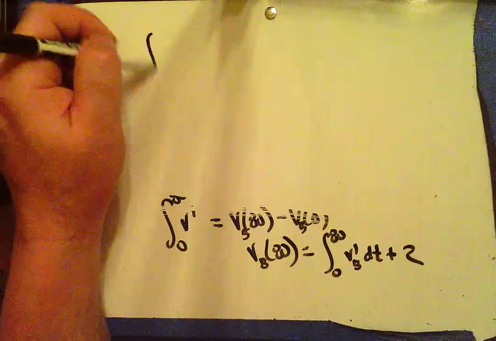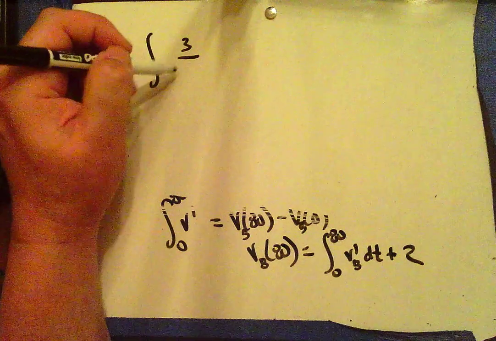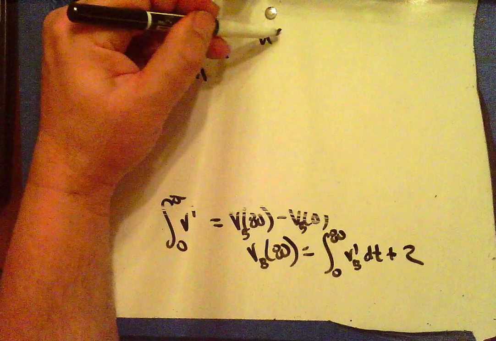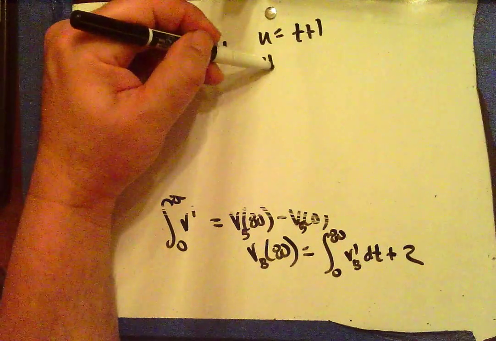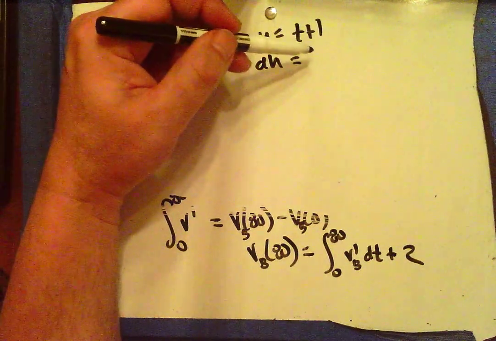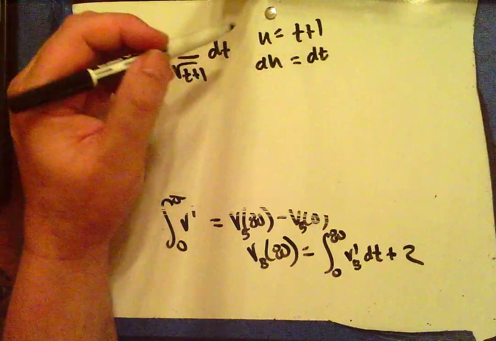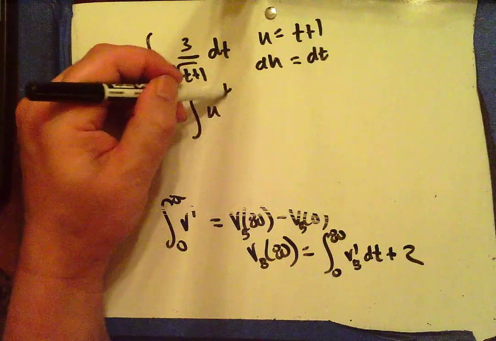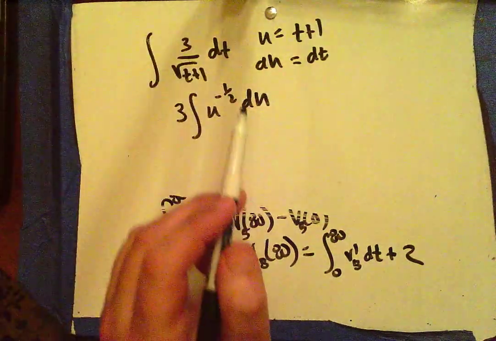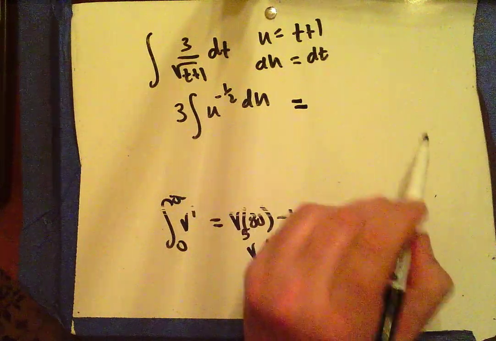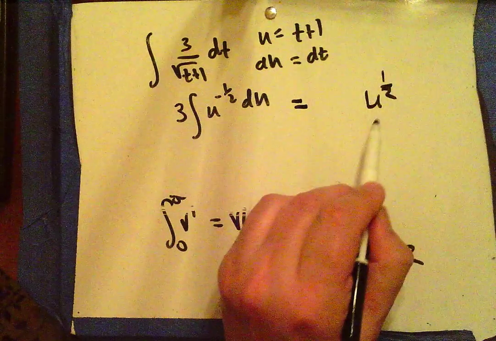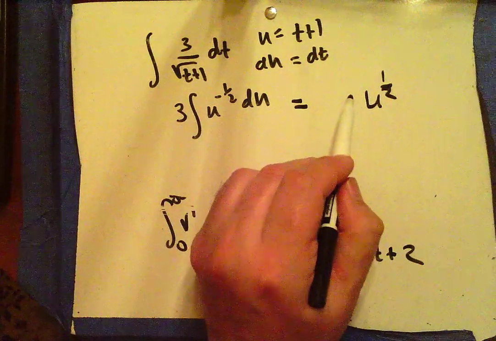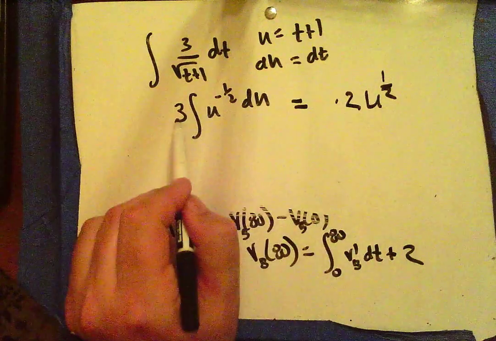I want to integrate 3 over square root of t plus 1 dt. u equals t plus 1, du equals dt, and so then I'm integrating 3 integral u to the minus 1/2 du. The antiderivative there would be u to the 1/2. If I brought down the 1/2, I don't see a 1/2. There must be a 2 here times the 3.